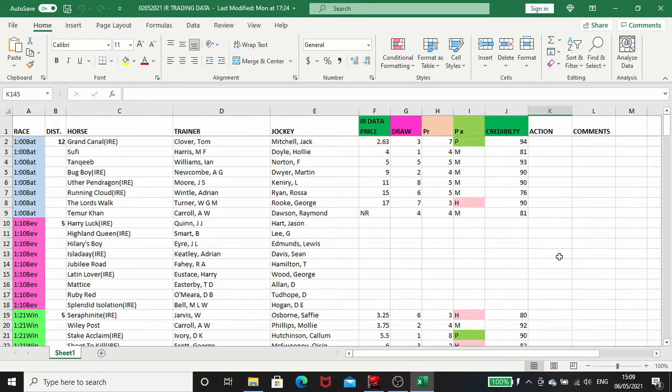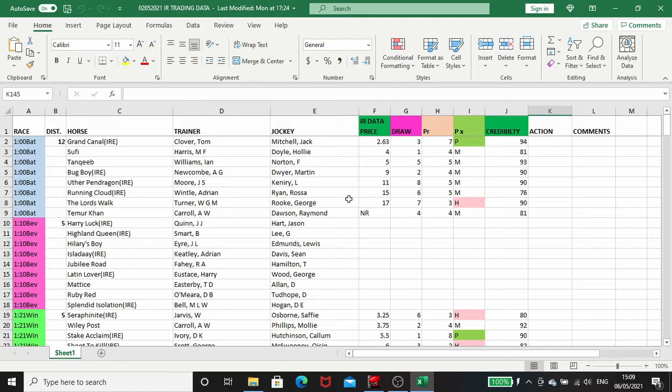So if we look at the spreadsheet, you'll note the simplicity of the layout. The last thing you want when races go off so close to each other, with a strategy that requires trading reasonably close to the off, is to have busy spreadsheets, and this serves all my purposes.